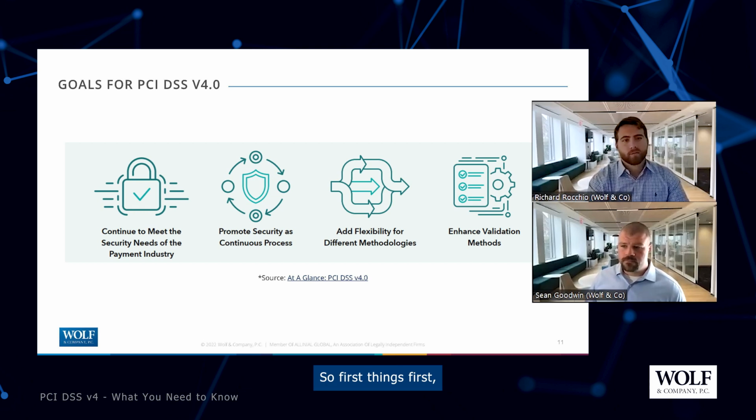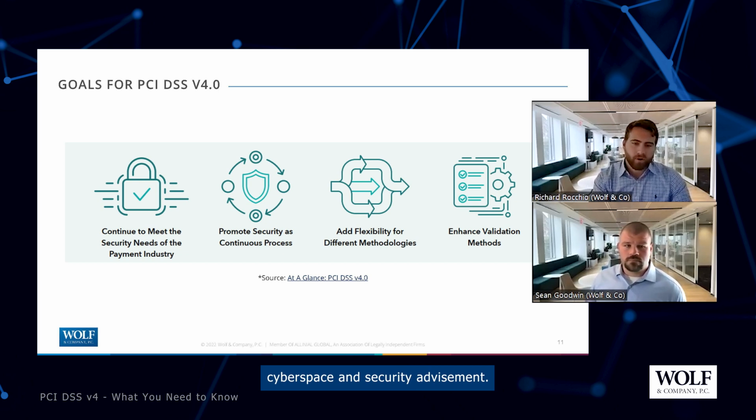Thanks, Sean. So first things first, the goals of the Council for PCI DSS V4 is to continue to be up to speed with the ever-evolving cyberspace and security environment. In addition to that, the Council wants to move PCI DSS from an annual compliance audit to a continuous compliance process.